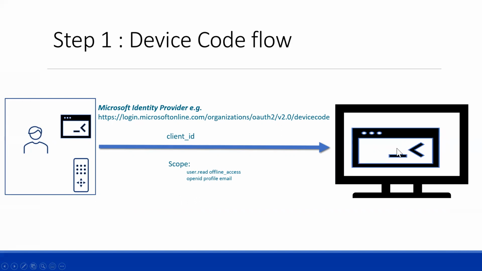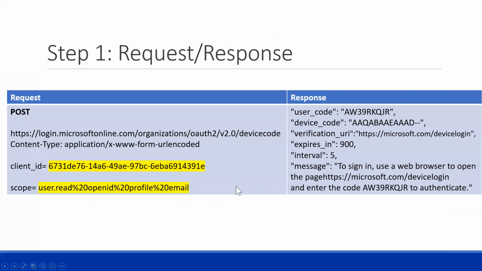Similarly, on the CLI. So what is the request which you are sending? Once we make the request, the application will make a post request with client ID and scope. The response of that request returns you a code, which we have seen on the Azure CLI.